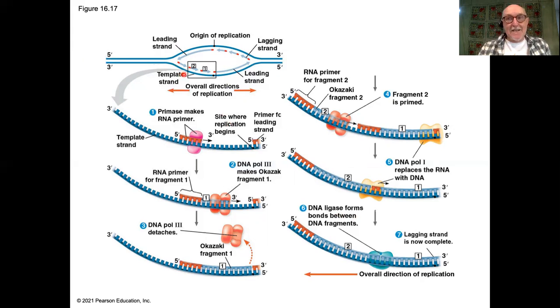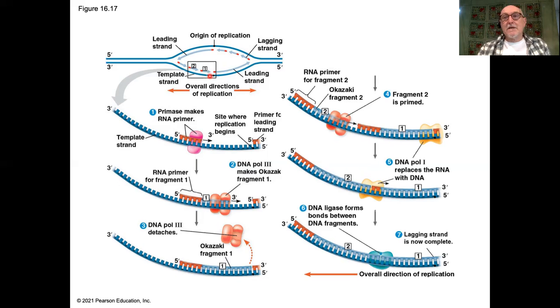But on the lagging strand here, the new DNA is laid down in fragments. And the fragments consist of RNA, DNA, RNA, DNA, RNA, DNA. And they are not joined to one another. They sit as separate fragments.